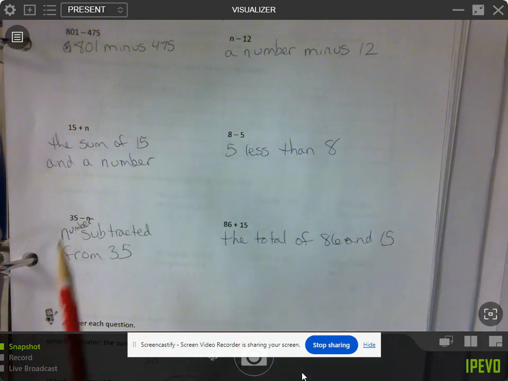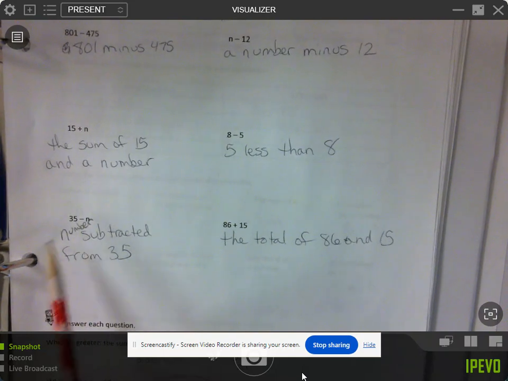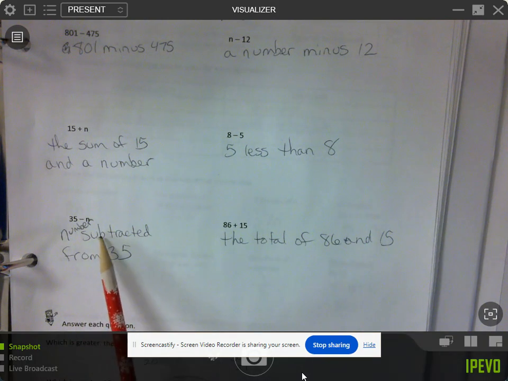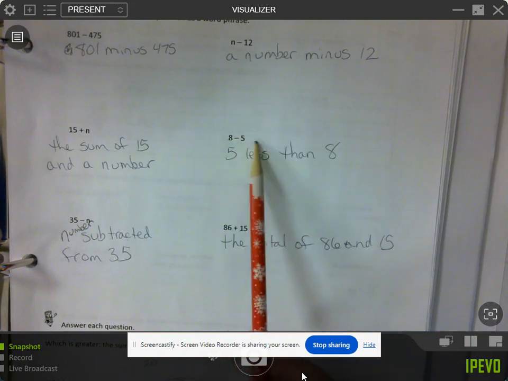So that's why we would want to say a number less than 35. So that means we're going to take that number away from 35. So those were the two that we want to be careful with. Subtracted from and less than are the ones where they are backwards.